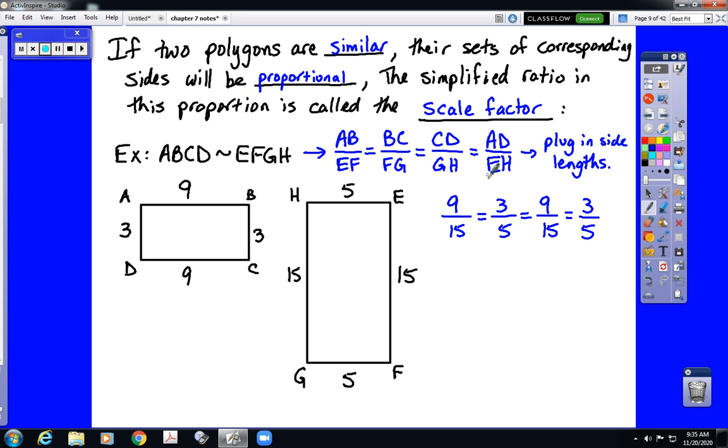First and last letters. Notice that when we reduce all fractions, this one and this one can be reduced, so we reduce them. And we get 3/5 equals 3/5 equals 3/5 equals 3/5.